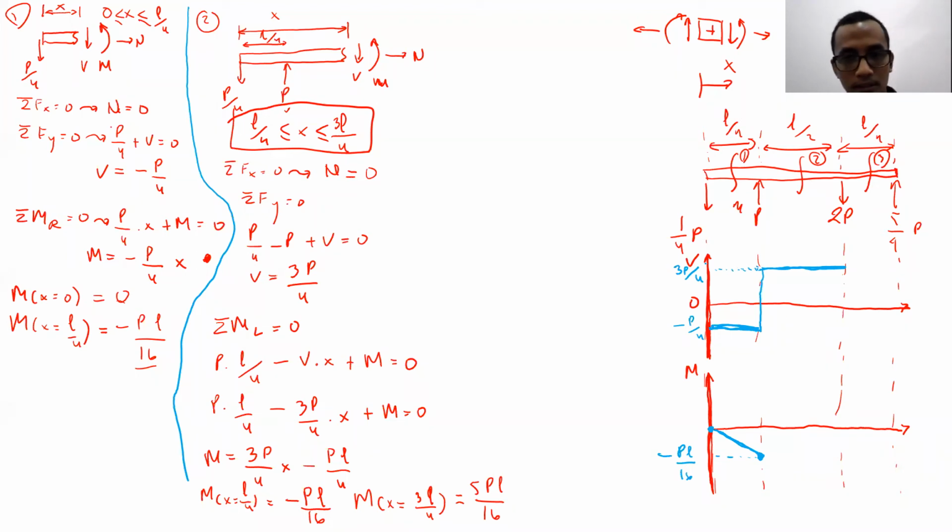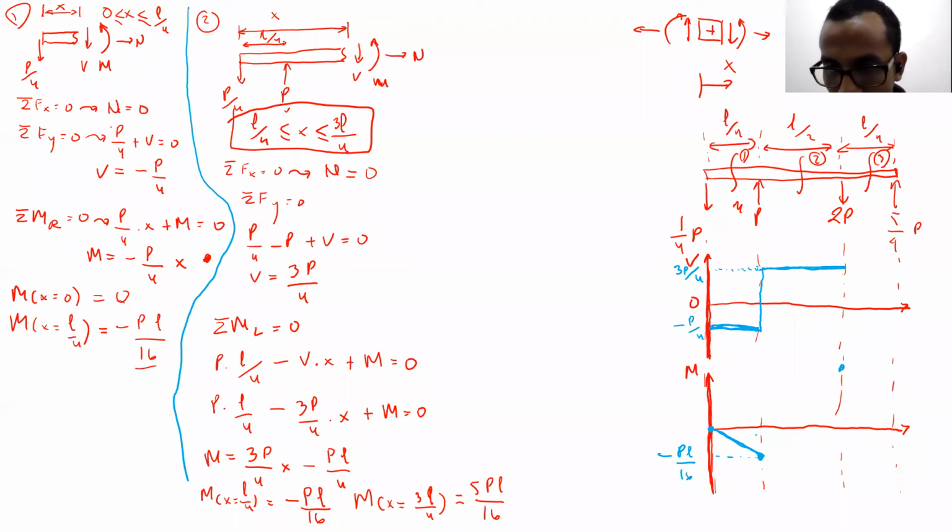Okay. How about the moment? When x equal to L per 4 it is minus PL per 16, same as before, right? Yes. After that, it got increased to 5 PL per 16, right? Yes.